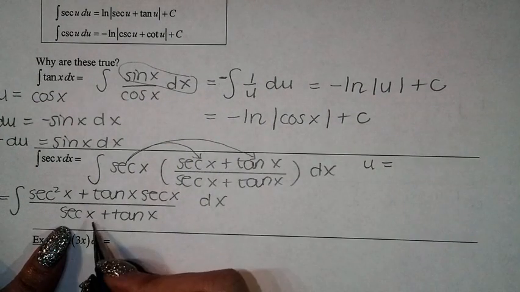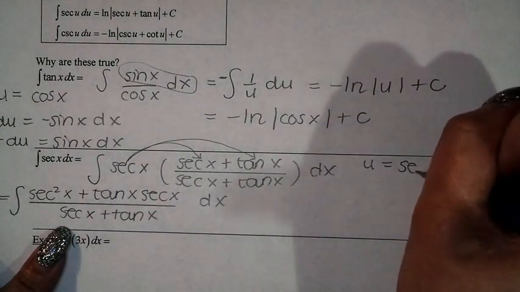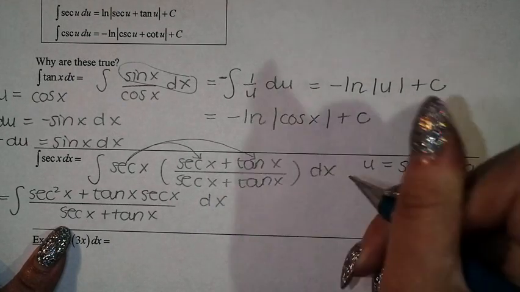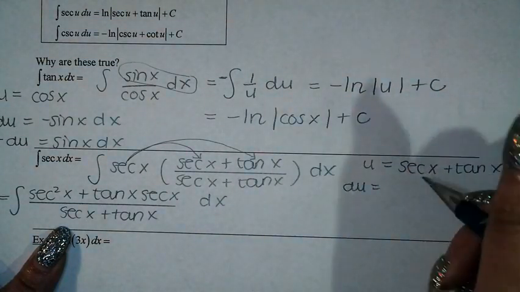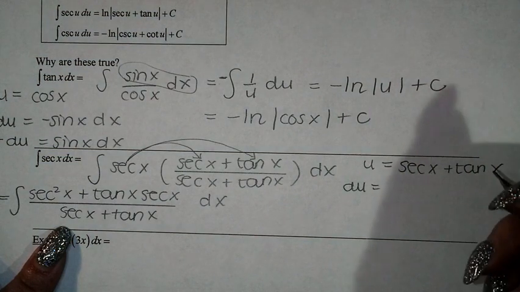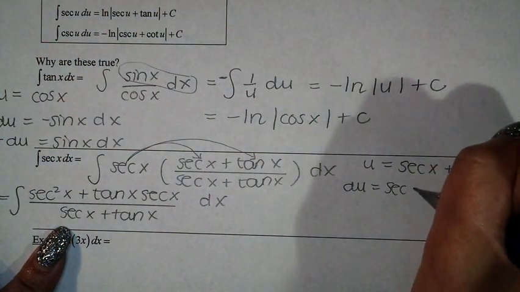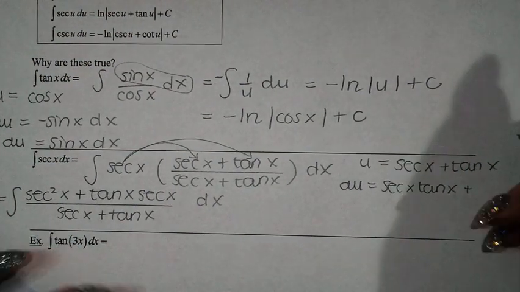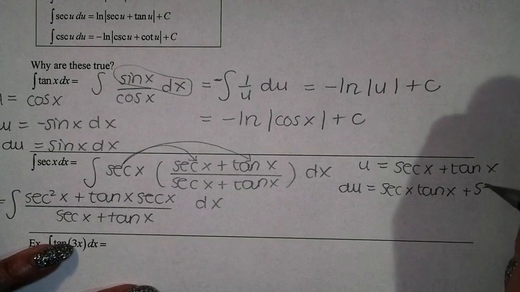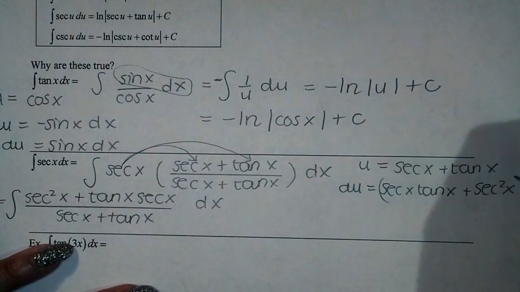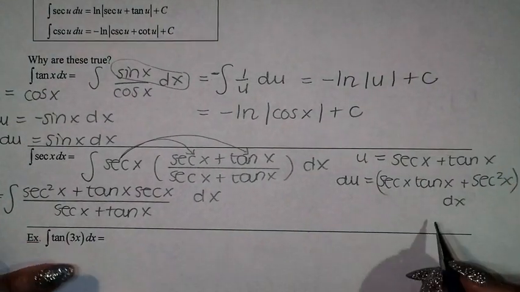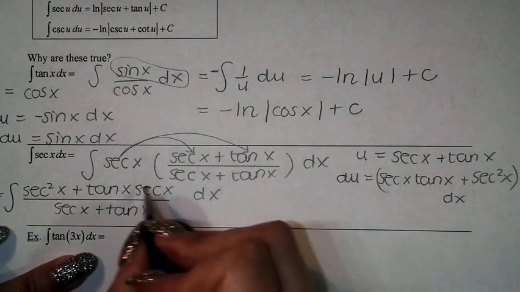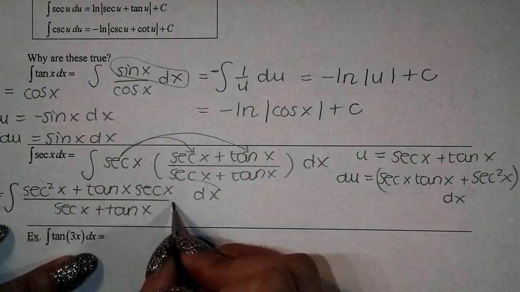If I have u to be secant x plus tangent x, what is the derivative? The derivative of secant x is secant x tangent x, and the derivative of tangent x is secant squared of x. So this becomes a beautiful situation, because the numerator is exactly du.